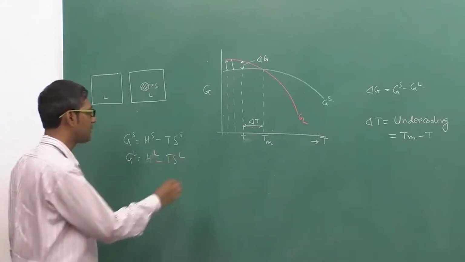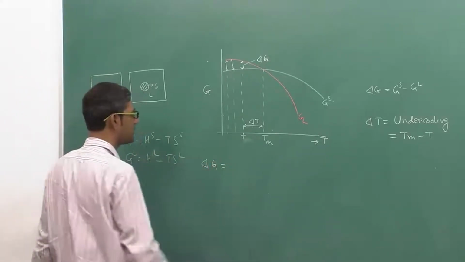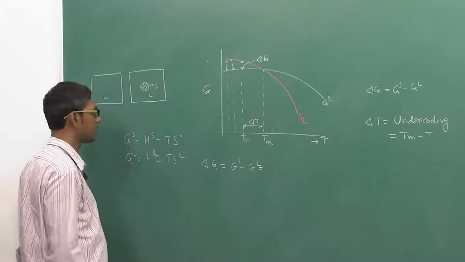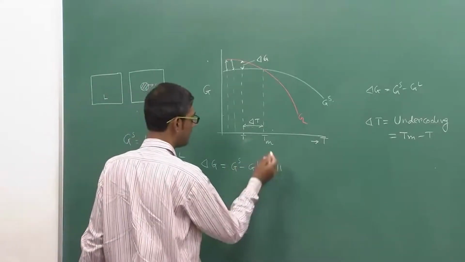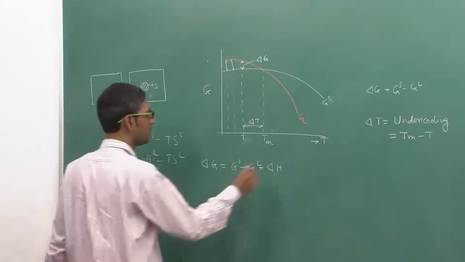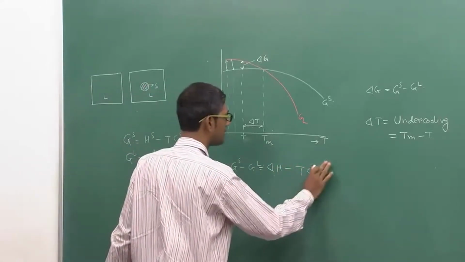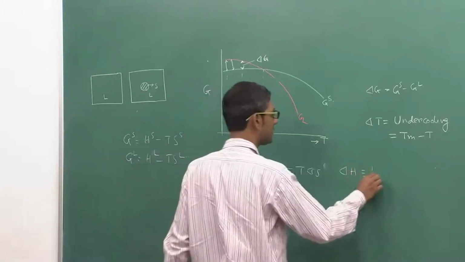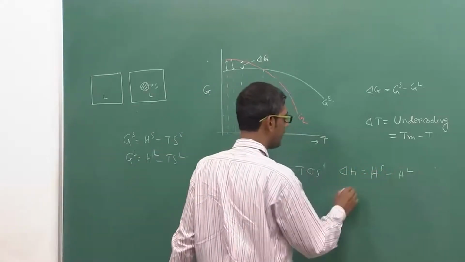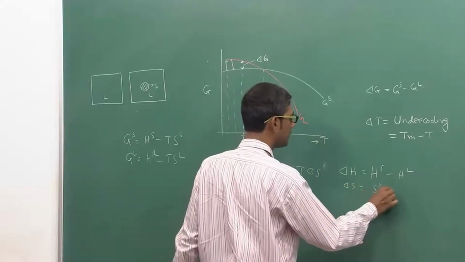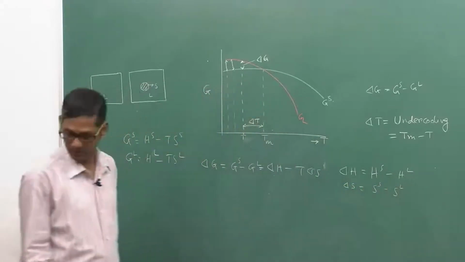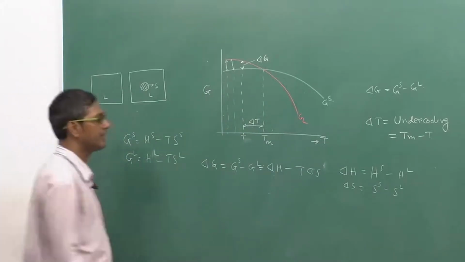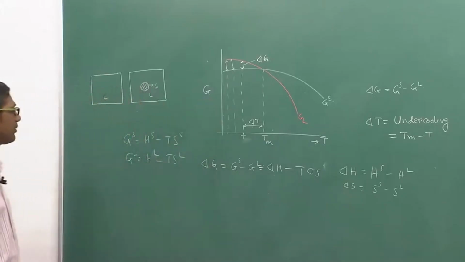So the difference, delta G, which is GS minus GL, is nothing but delta H minus T delta S, where delta H is HS minus HL, and delta S is SS minus SL. Remember that H is the enthalpy, S is the entropy and T is the absolute temperature.